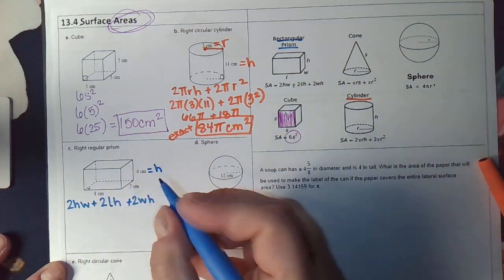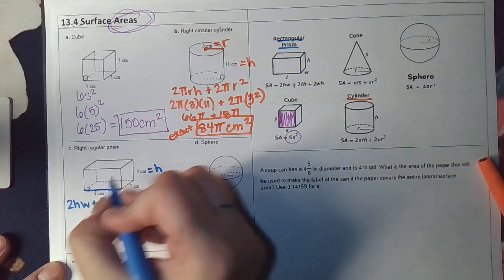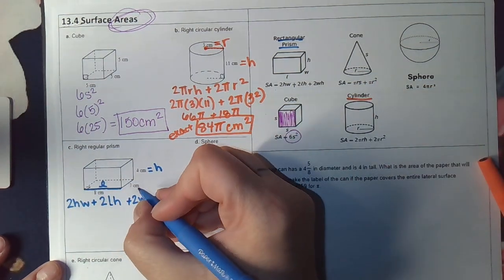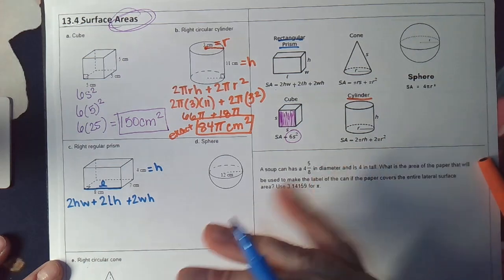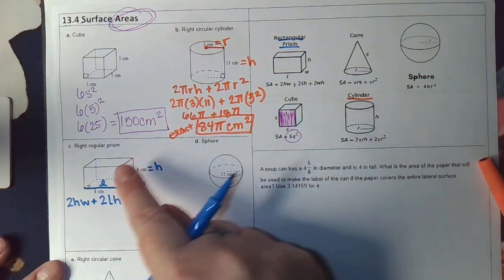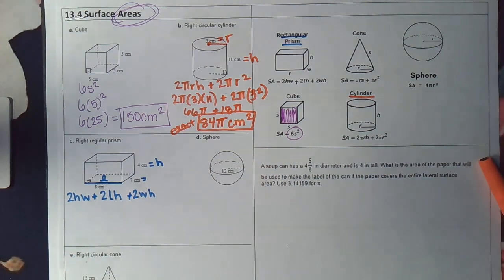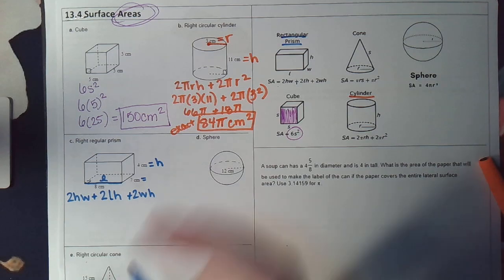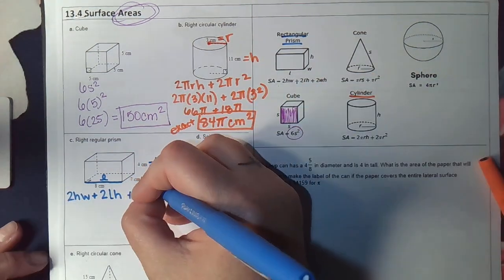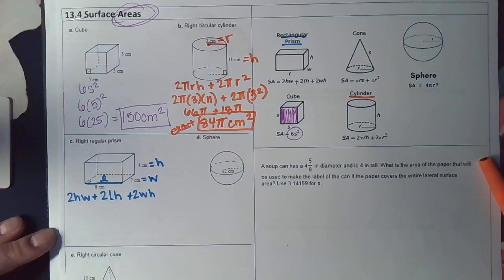The 8 is the length. But then that 7, sometimes we call it the depth, or how deep the box is, how deep the shelf is. So this 7 is the D, the depth, or we can call it the width.